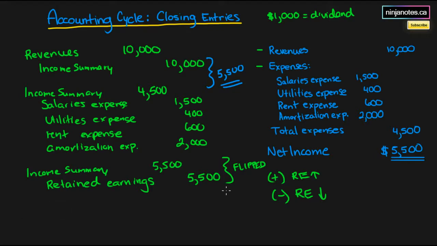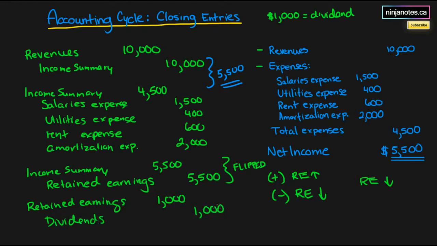So if we have dividends, retained earnings is going to go down, right? Because dividends are taking some of that earnings and distributing it to shareholders. So how do we make retained earnings go down? Well, we're going to debit it. Retained earnings will be debited for $1,000, which I've stated up here, and the dividends account is going to be reduced down to 0.